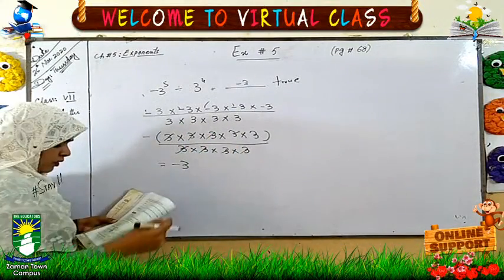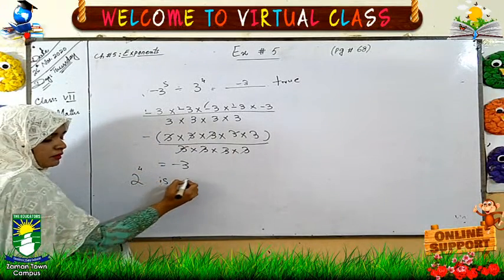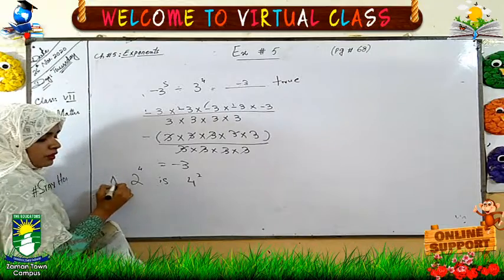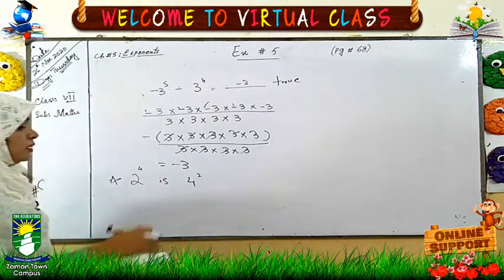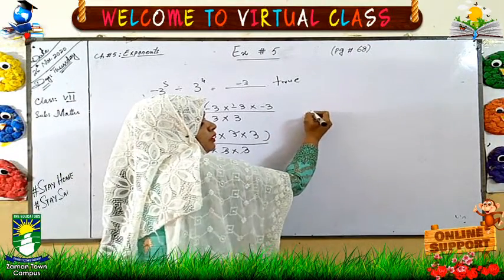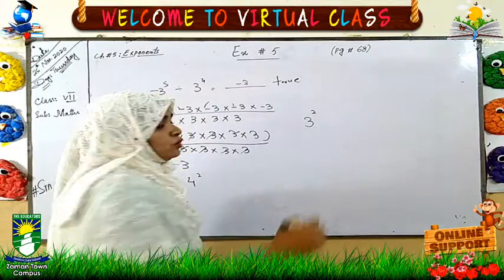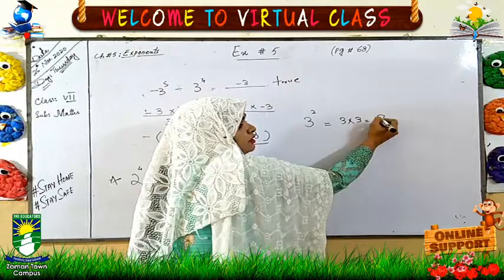The next thing in your blank is about if the reciprocal of 2 power 4 is 4 power 2. It is also a key point of your exercise 5. Keep it in mind, if you have 3 power 2, 3 power 2 means 3 multiplied by 3, which is 9.